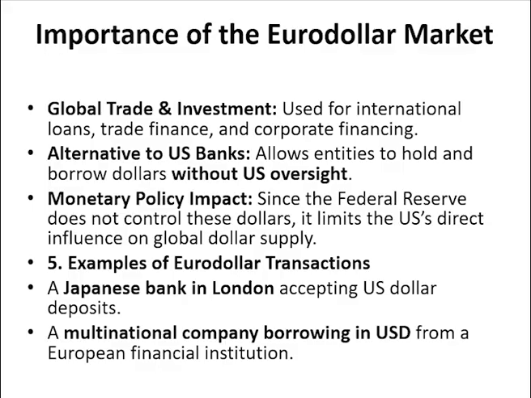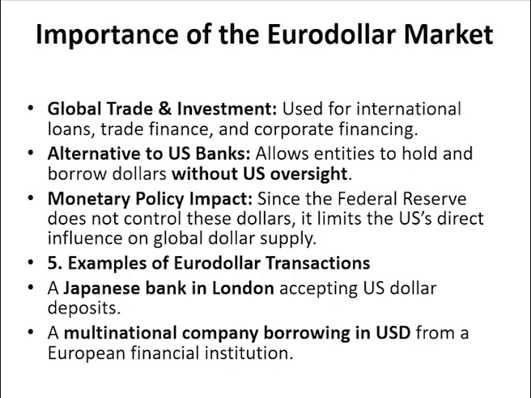Then what is the importance of the eurodollar? In terms of global trade and investment, the eurodollar is used for international loans, trade finance and corporate financing. It is an alternative to US banks, because people are not just depending on the USA; they have an alternative to borrow through this eurodollar market.